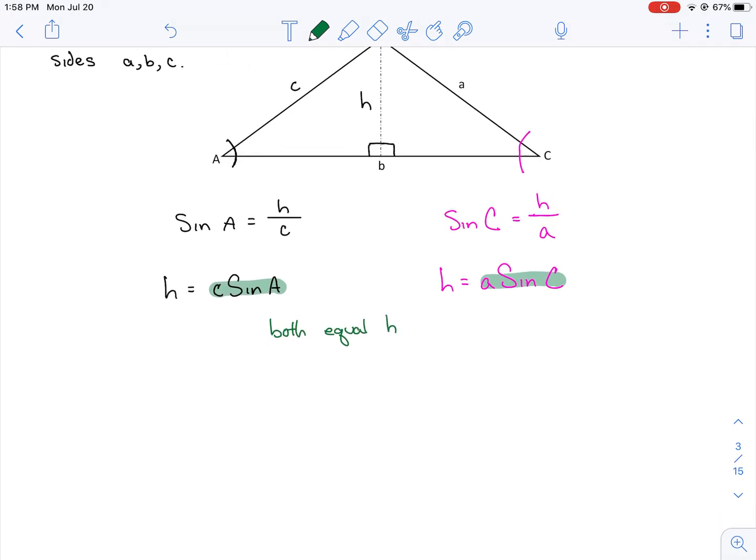So I'm going to set those expressions equal to each other. So c sine of A is equal to a sine of C.